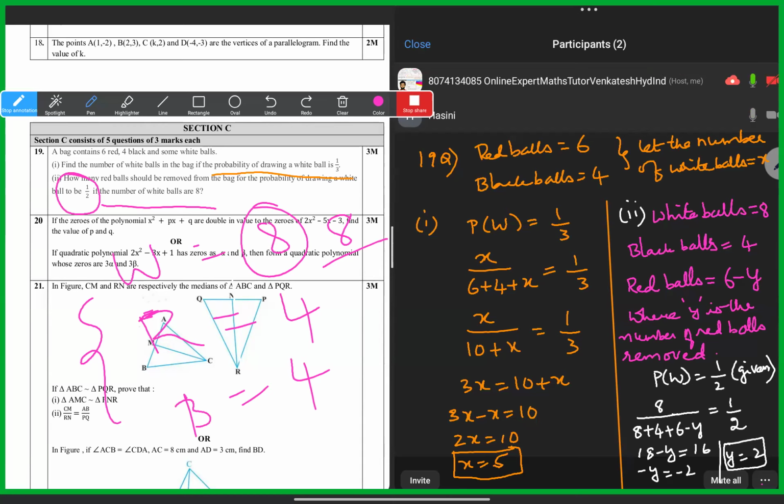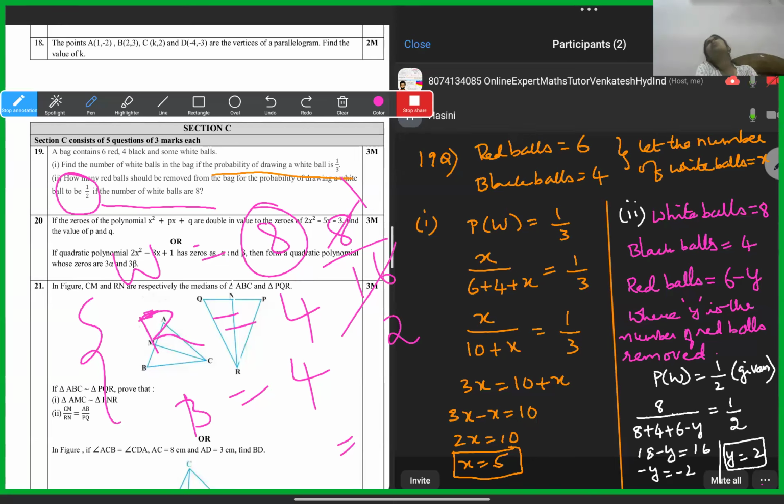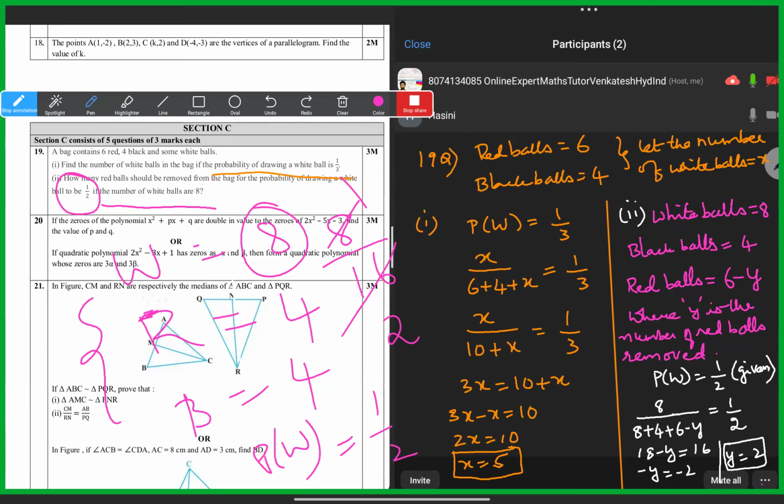How much, Hasni? 8 plus 8, 16. So 8 by 16 gives 1 by 2. Yes, sir. They also gave 1 by 2 in this case, and using that 1 by 2 we wrote the equation. So this is correct, whatever we did.